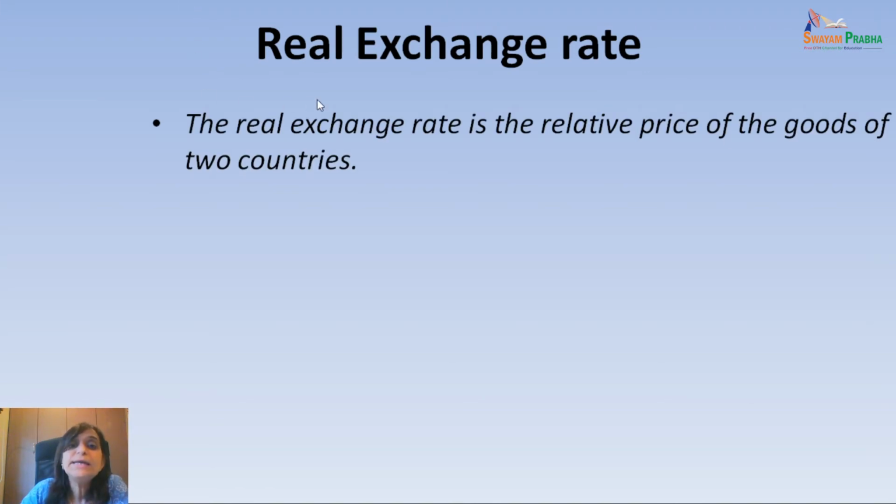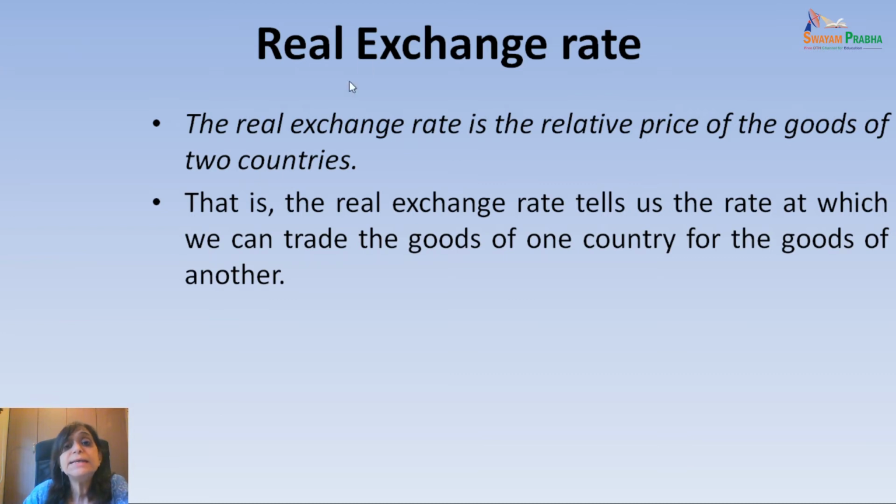So the real exchange rate is the relative price of the goods of two countries. That is, if you are going to buy a similar thing in the home country and a similar thing in a foreign country, then what is the difference in the price level, whether you can buy more in your home currency or whether you can buy less in your home currency in the foreign market.